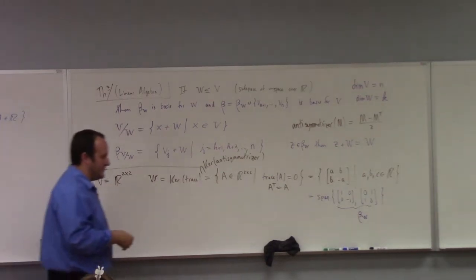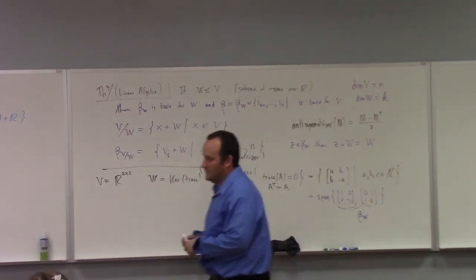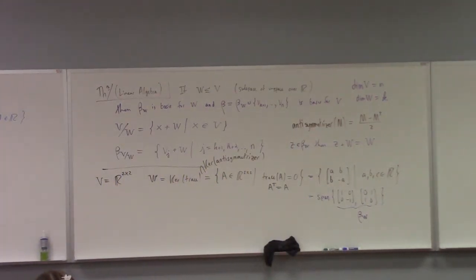So if we were working with, let's say, W1 equals the symmetric n by n matrices, and W2 is the antisymmetric n by n matrices. You'll notice that I am no longer able to use S sub n and A sub n as labels for these. We've used those for other things in this course, have we not?